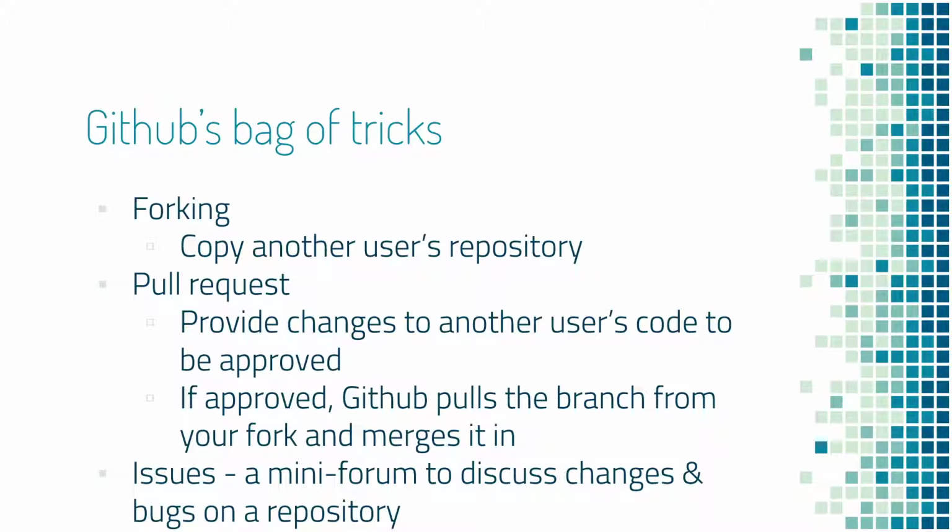And then a bunch of users can discuss about what that feature change or bug fix might look like, or how to reproduce the bug. It's essentially a mini forum to discuss desired changes or bug fixes or whatnot. So these are all specific to GitHub. They're not specifically part of Git, the protocol.